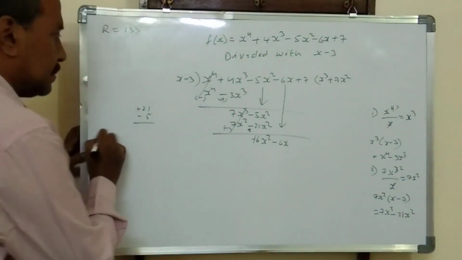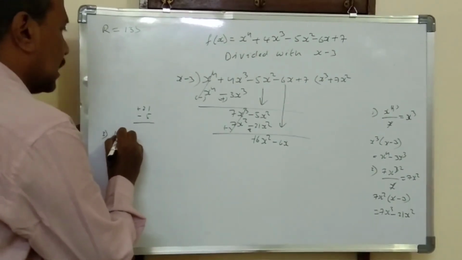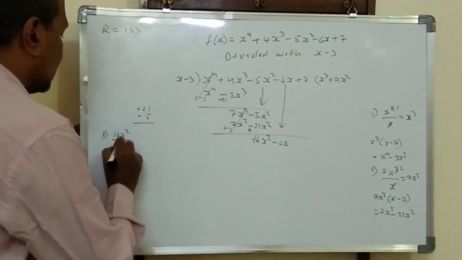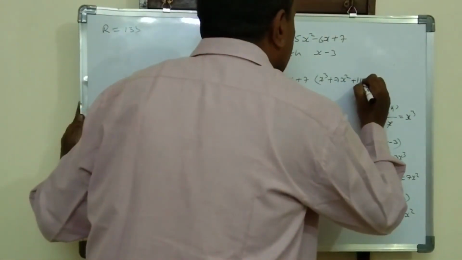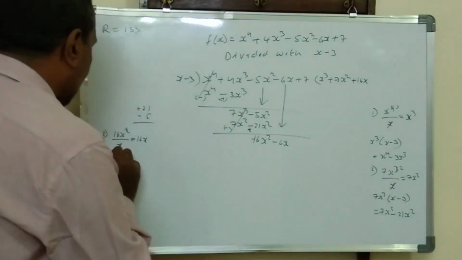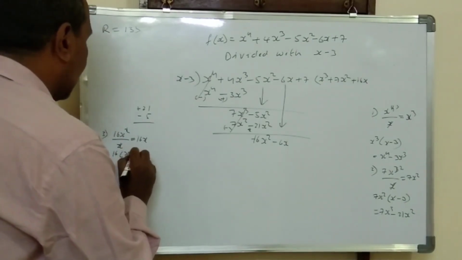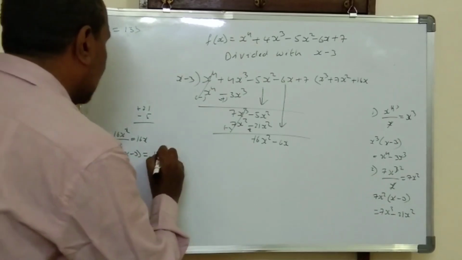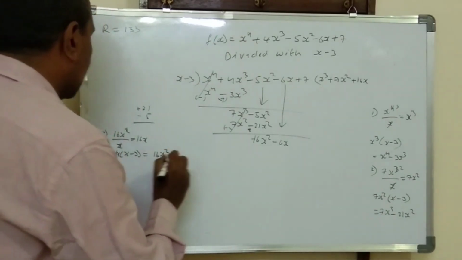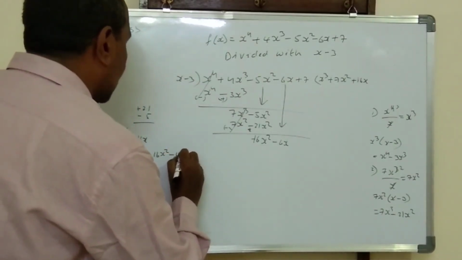Step 3. 16x square divided by x is equal to 16x. Keep here 16x. 16x into x minus 3 is 16x square minus 16 3s are 48x.